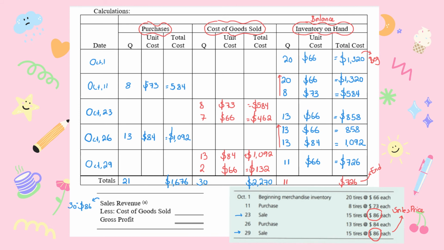So it's gonna be 2,580. Cost of goods sold, we're gonna take it from the table, from here, this one. It's gonna be 2,270. So 2,580 less 2,270. The gross profit will be 310.